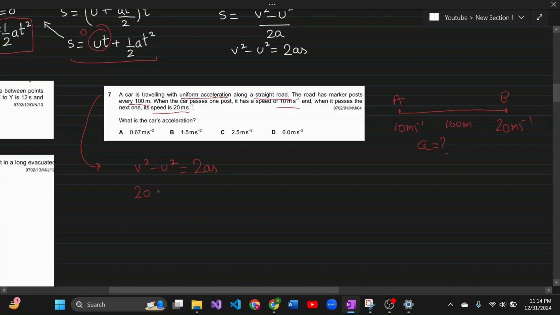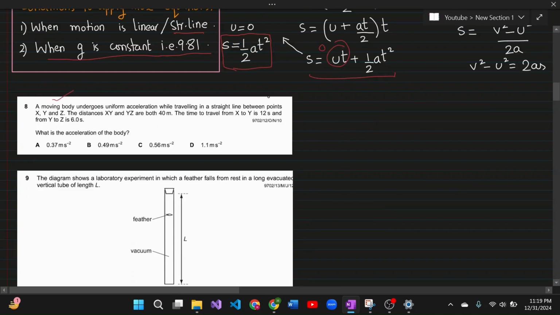So v square is 20 square, then u is 10 square, then you have 2a and s. s is your displacement, that is 100. Calculating further, 300 divided by 200, this is 1.5. So B would be your correct answer.